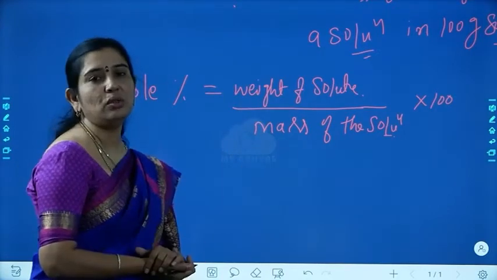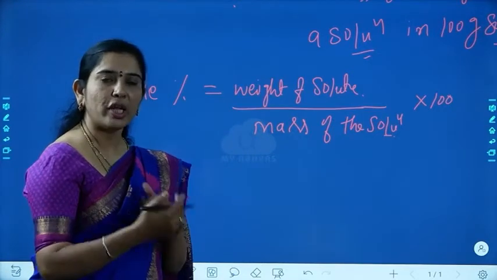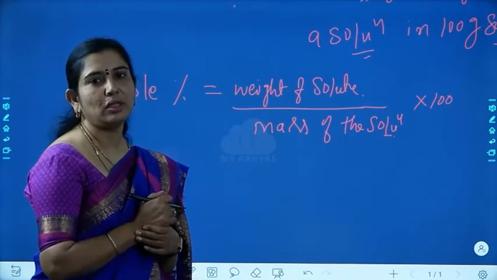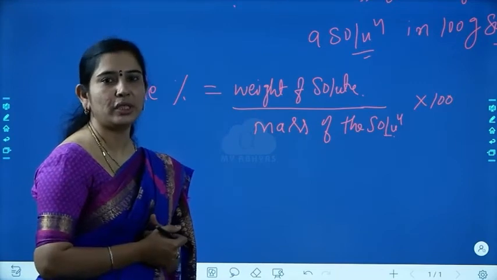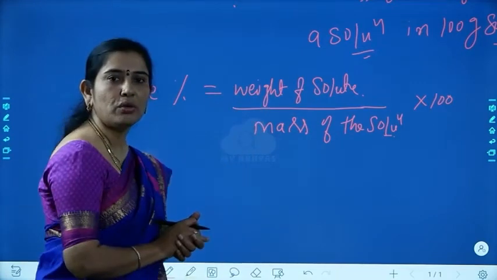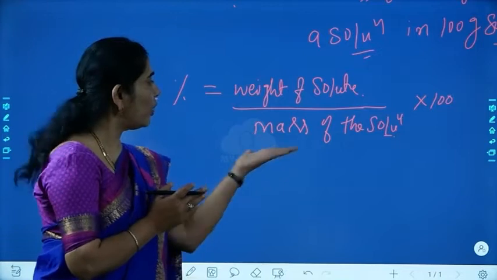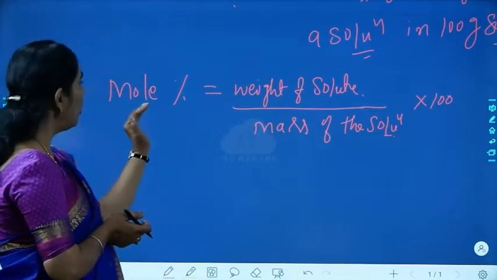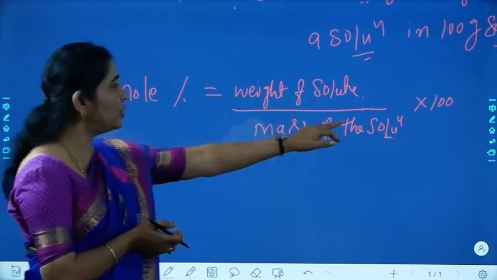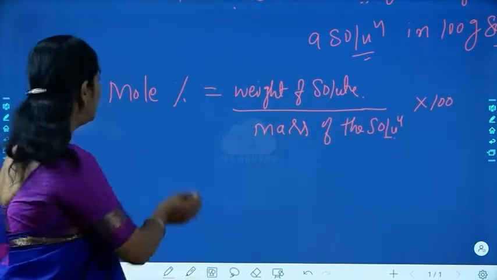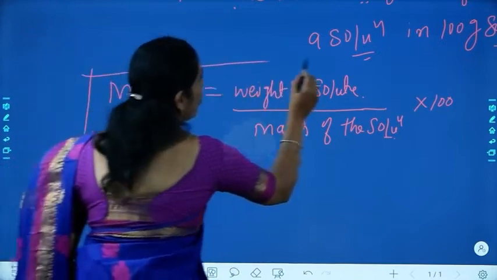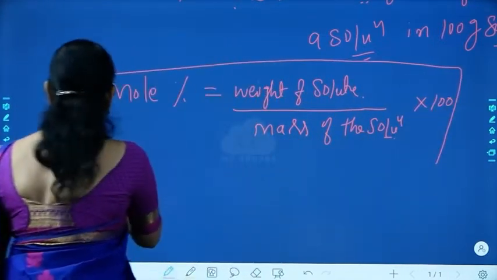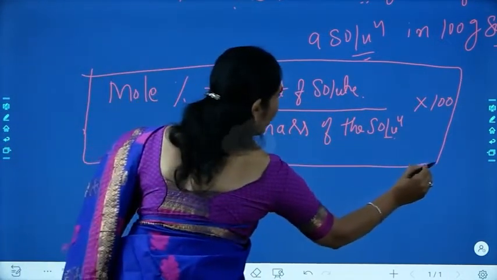Then mass of the solution. For example, if you take water, what is the mass of the solution? Mass of the solvent plus the weight of the solute you added. Together you will get the mass of the solution. Because mole percentage means into 100, this is the equation you have to use to calculate mole percentage.